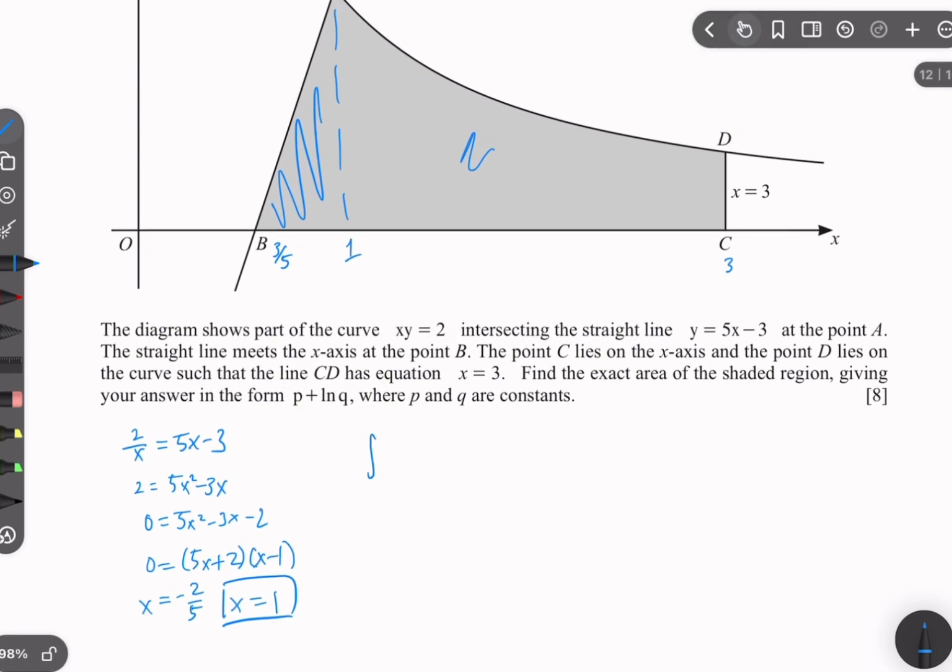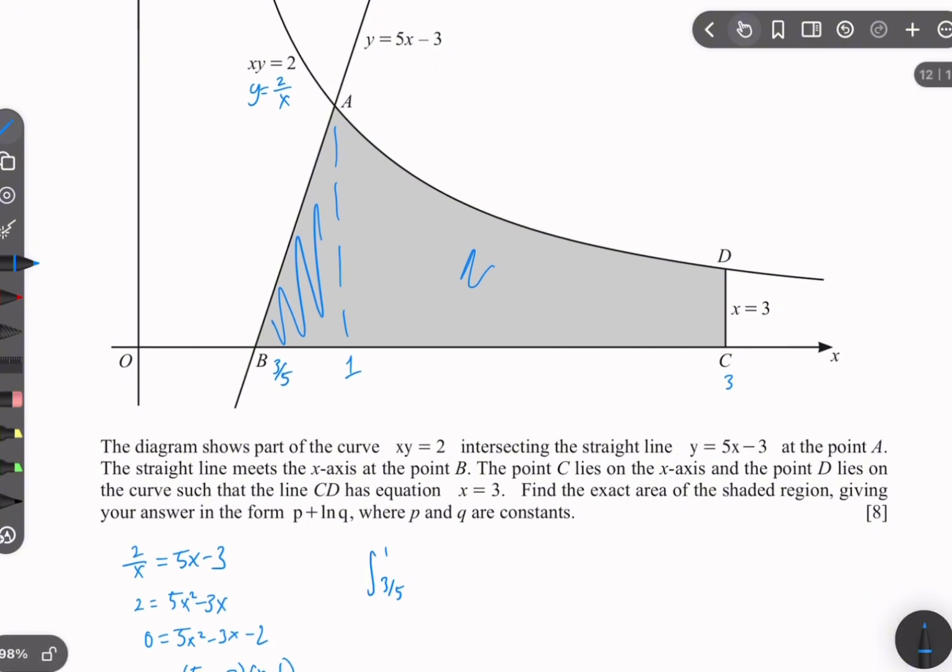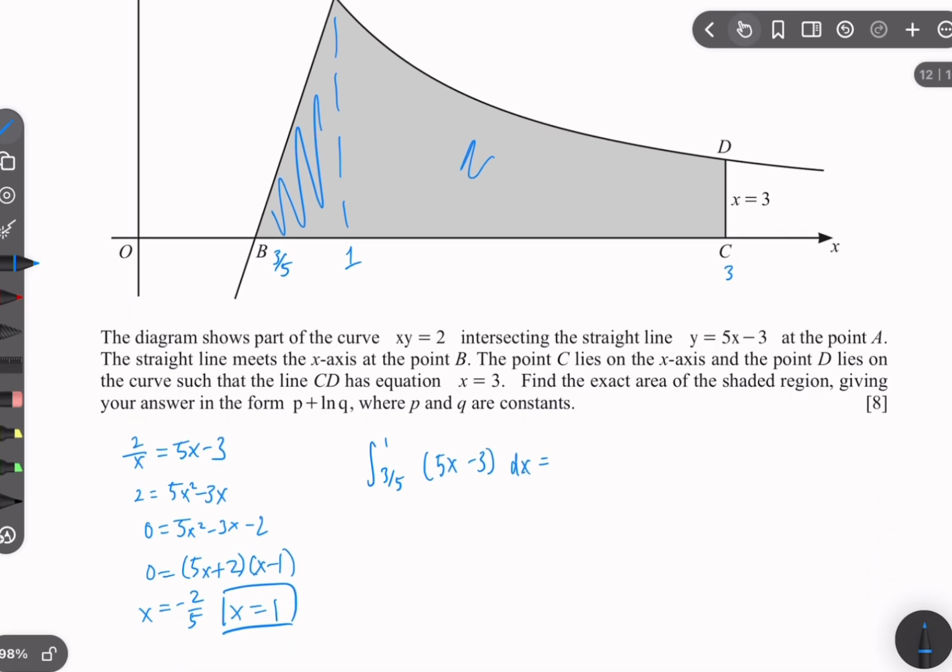Okay, so we can start with the triangle first. We are integrating the line. Add 1 to the power, and then you divide.